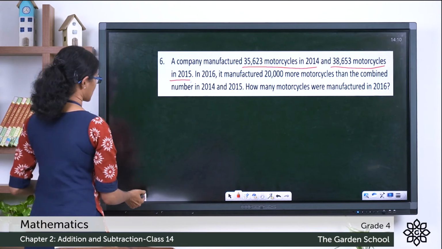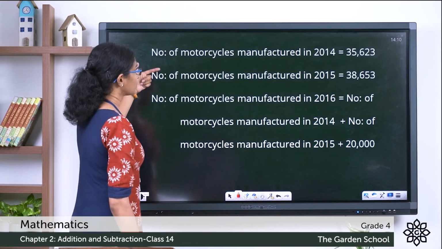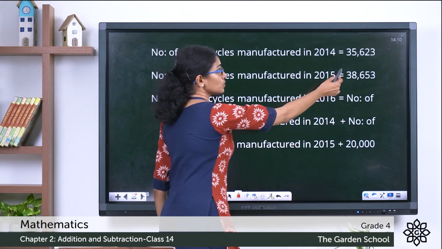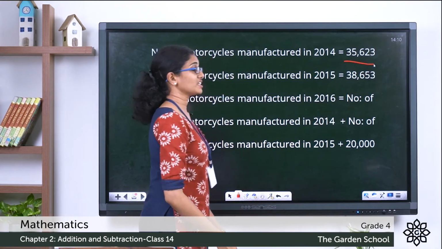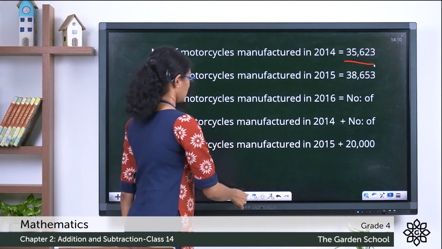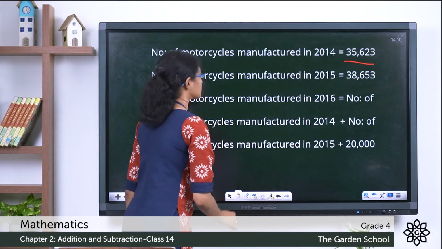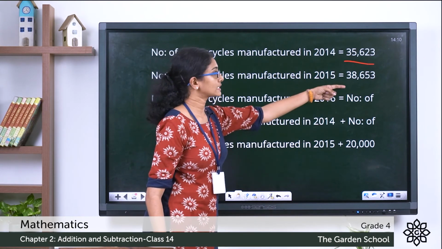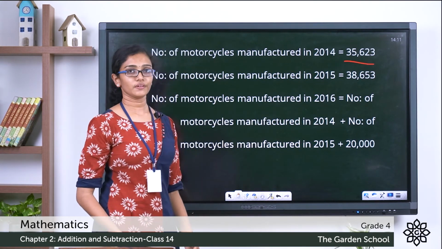So let's see how we can write the steps. So the number of motorcycles manufactured in 2014 equal to 35,623. Now, the number of motorcycles manufactured in 2015 is equal to 38,653.